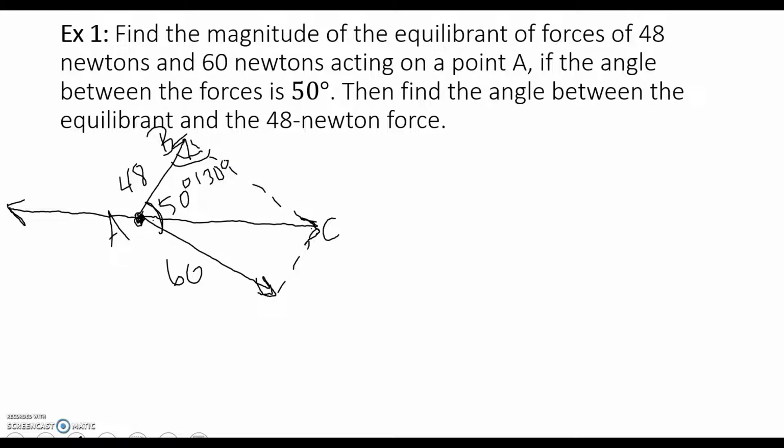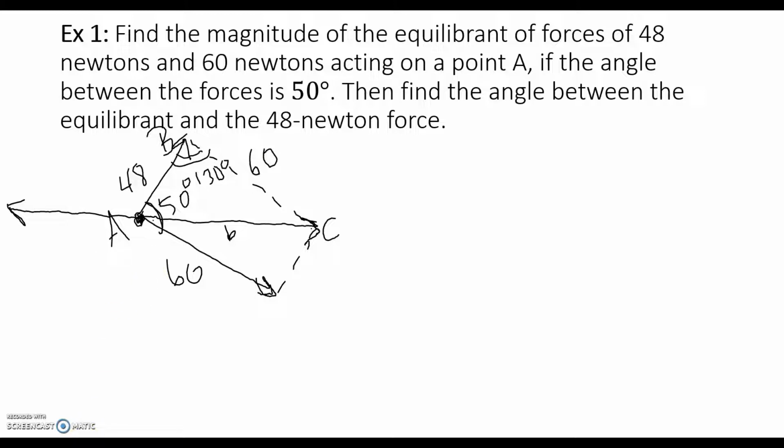Now we have this triangle, and this is our resultant vector here. I'm going to call that little b because it's opposite what I call B. This side over here is parallel to the 60 side, the force of 60, so that's also 60.